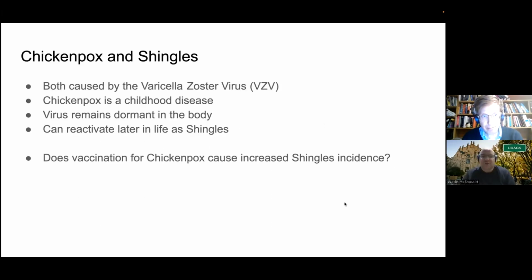Chickenpox and shingles are two distinct diseases, both caused by the varicella-zoster virus. Chickenpox is typically a childhood disease, but once you've had this disease, the virus remains dormant in the body, and then it can reactivate later in life as shingles, which is often a debilitating and painful rash suffered by middle to senior aged adults.